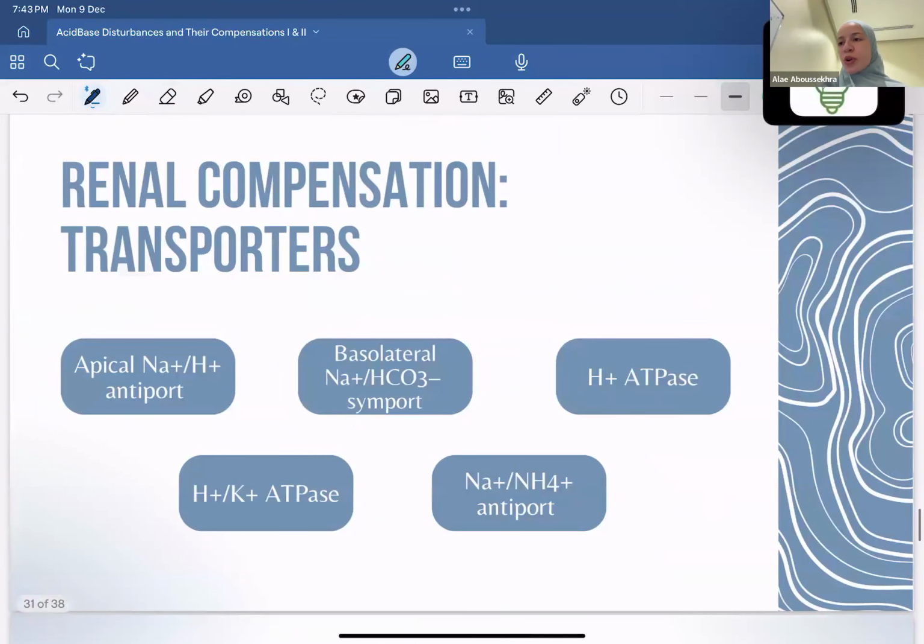So these are some transporters that are found in the kidney that help in maintaining the balance. I'm pretty sure you already took this in another lecture, so I'm just going to go over them quickly. We have the apical sodium hydrogen antiport, the basolateral sodium bicarbonate symport, the hydrogen ATPase, the hydrogen potassium ATPase, and the sodium NH4 antiport. All of these help in maintaining the balance.